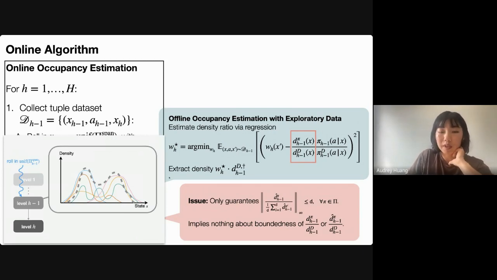If you had d hat h pi equal to d h pi, this dashed line would cover everything properly. But because you're using an estimate, you only get coverage of the estimated occupancies, which doesn't imply coverage of the true occupancies. Does that make sense?